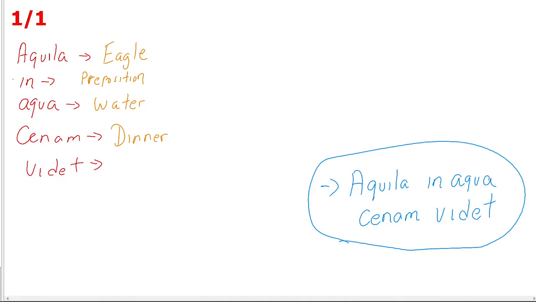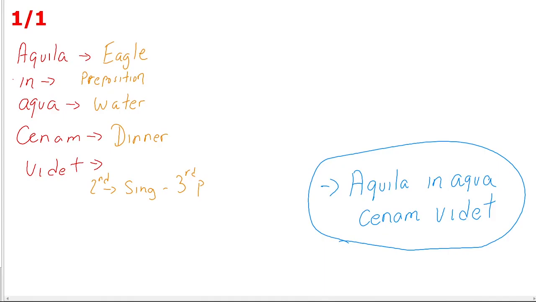Which conjugation first and foremost? Second, videre, and it is singular. Which person? Third person.